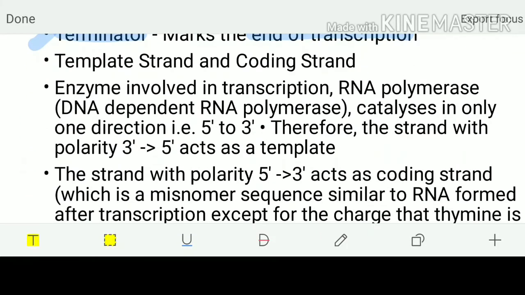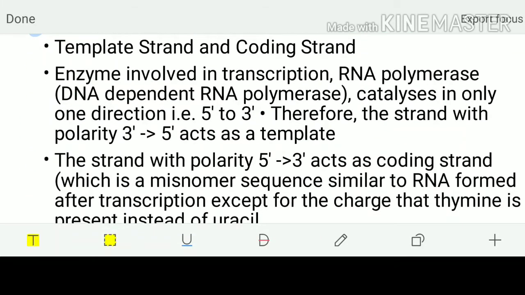Now, the two strands of the DNA are called the template strand and the coding strand. The first one is called the template strand, whereas the second one is called the coding strand. Now, what is the name of the enzyme responsible for transcription? It is called RNA polymerase. Hopefully you remember that the enzyme responsible for replication was DNA polymerase, and in transcription you have RNA polymerase.